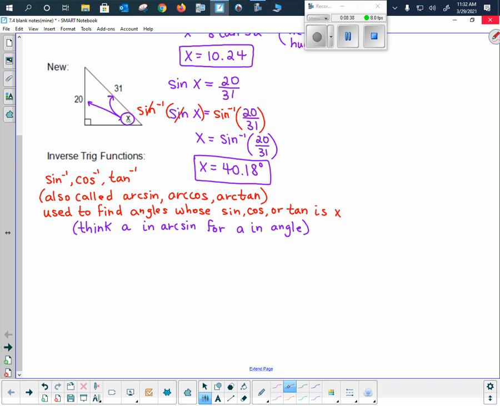And by that I mean this. When I think of the A in arc sine, I think of A for the angle, meaning if somebody wants me to find an angle, I use arc. Okay? If somebody wants me to find a side, I use the regular button, sine, cosine, or tangent. Okay? So, working on that a little bit.